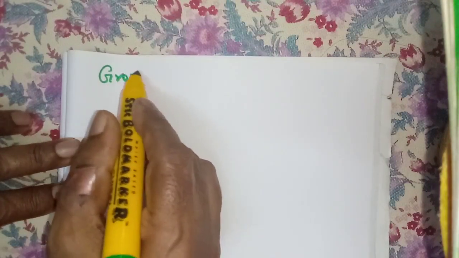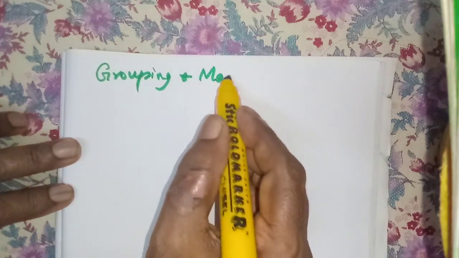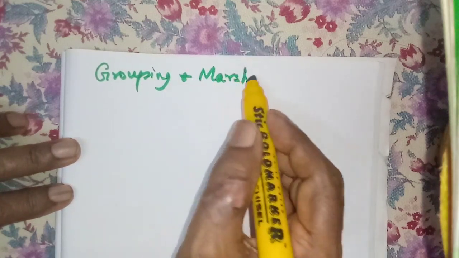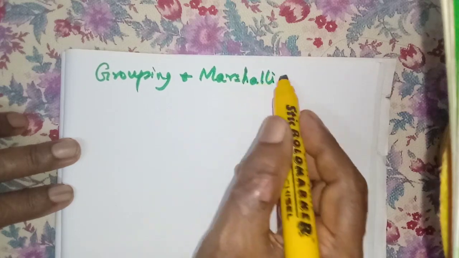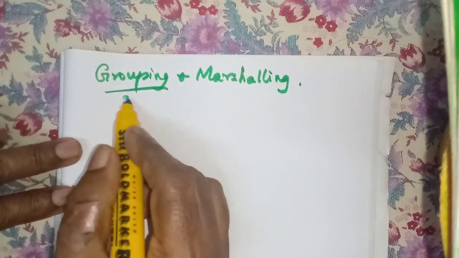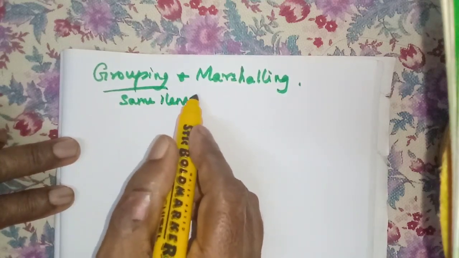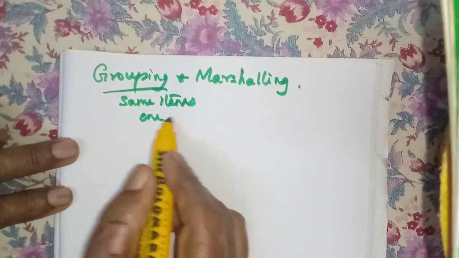Now, how to group? Here you have to write two words: grouping and marshalling of assets and liabilities. Grouping means grouping the same items under one head.